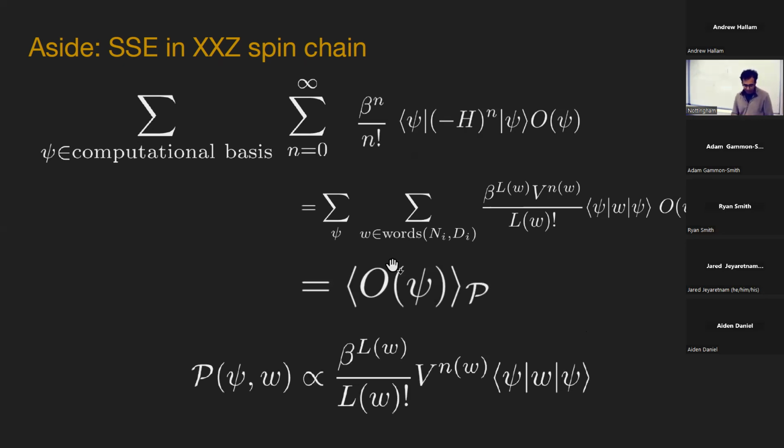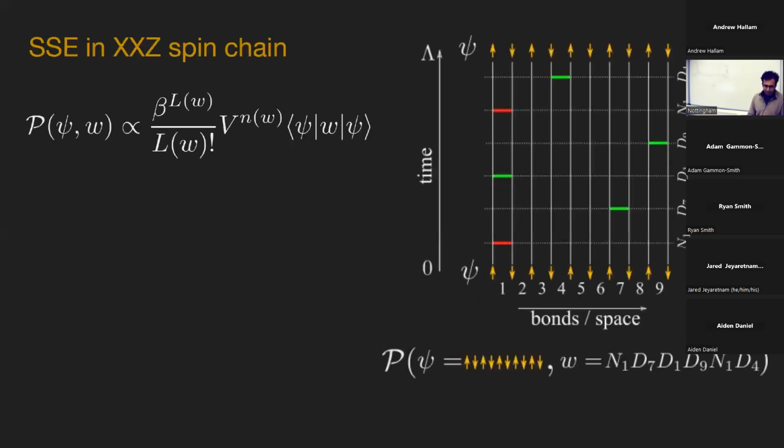So I just need to design a Monte Carlo that will create a set of samples of configurations psi and words W with this probability distribution. The average of O psi over this probability distribution will get me the expectation value in the thermal ensemble.